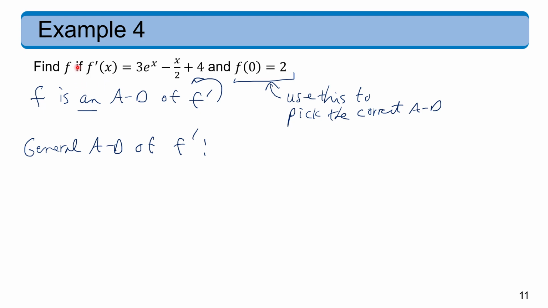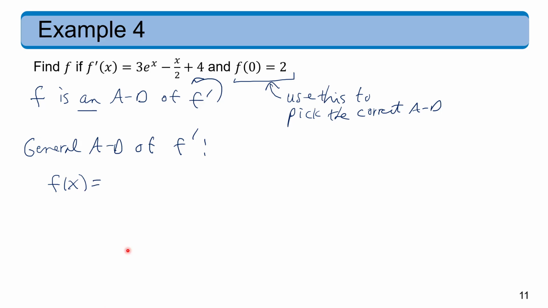In the previous example we started with what we call little f, and whatever its antiderivative is we would call capital F. Here we're starting with f prime. When we undo the derivative, that will turn it into just f, the same function without the prime. So we're going to call the antiderivative little f of x.